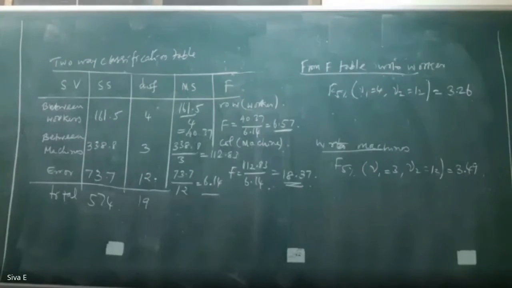The 5 workers differ significantly and the 4 machine types also differ significantly with respect to mean productivity.